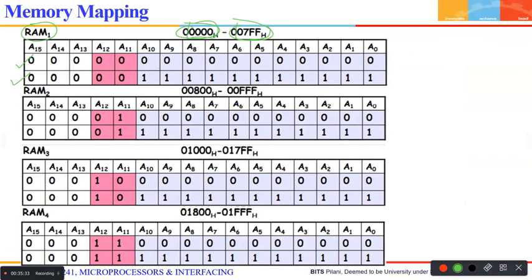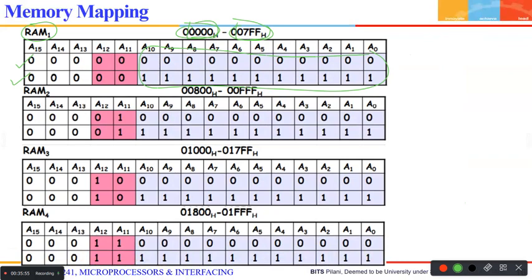Now, which lines will go directly to the memory? A0 to A10, right? That means your A0 to A10, see here, it is always 0, 0, 0 to 1, 1, 1. That's what you require, right?